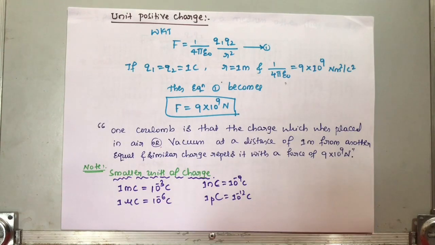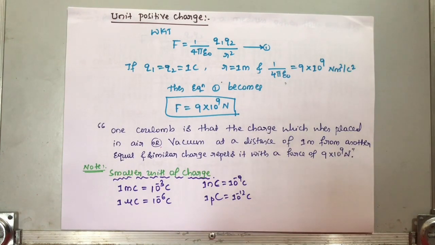The constant value 1 divided by 4 pi epsilon naught is 9 into 10 to the power of 9 Newton meter square per coulomb square. Then the equation becomes F is equal to 9 into 10 to the power of 9 Newton.